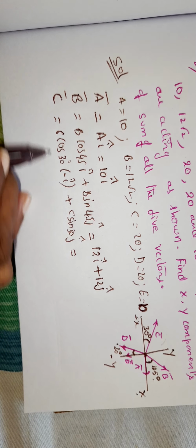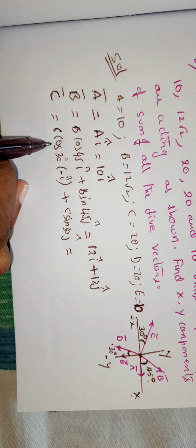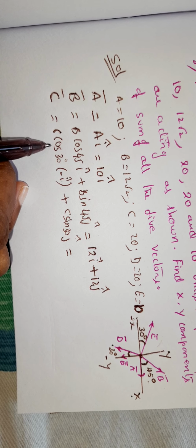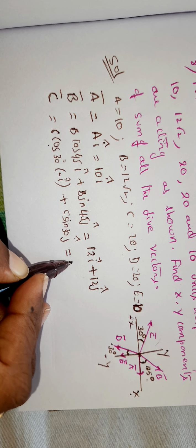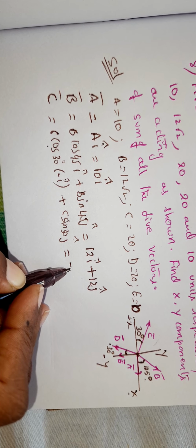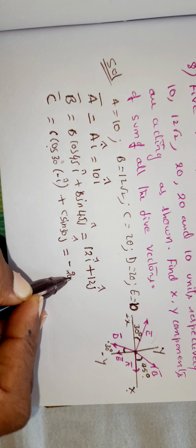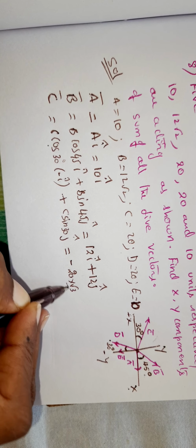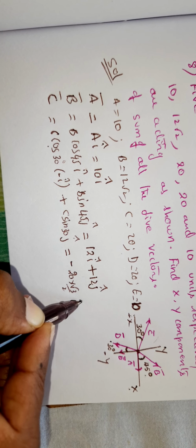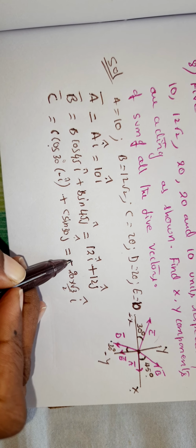So now cos 30 root 3 by 2. Right. So minus root 3 by 2. C is 20. Minus 20 into root 3 by 2 I cap. Why did I get minus here?